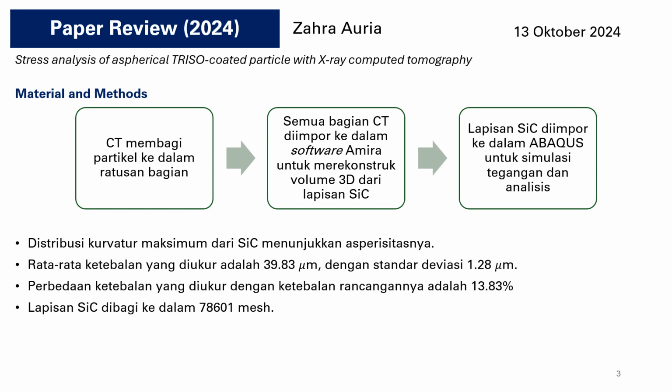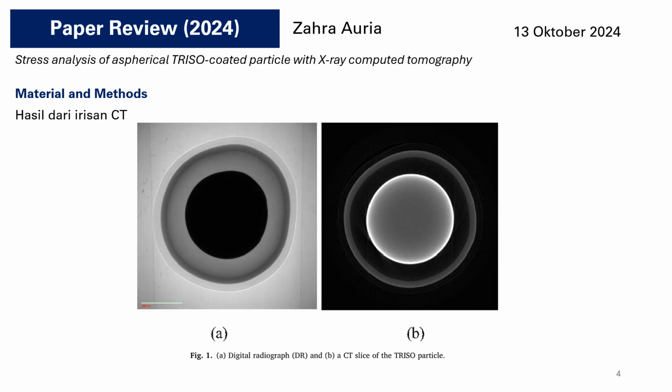In this paper, we divide the silicon carbide layer into 78,601 mesh elements.